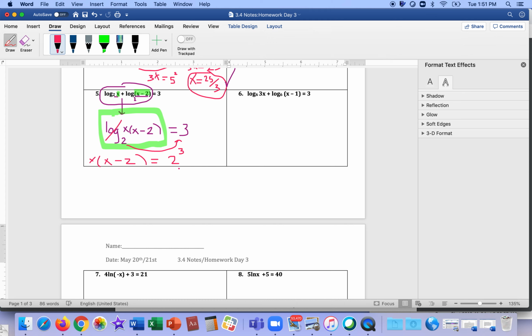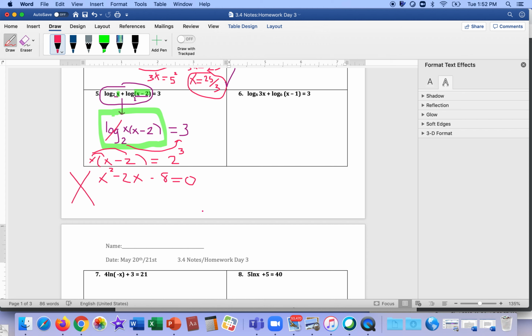So this is going to then be x times x, x times minus 2. So we would have x squared minus 2x. 2 cubed is 8, so then we're going to subtract that 8. And we're trying to solve for x. It's a trinomial to factor.